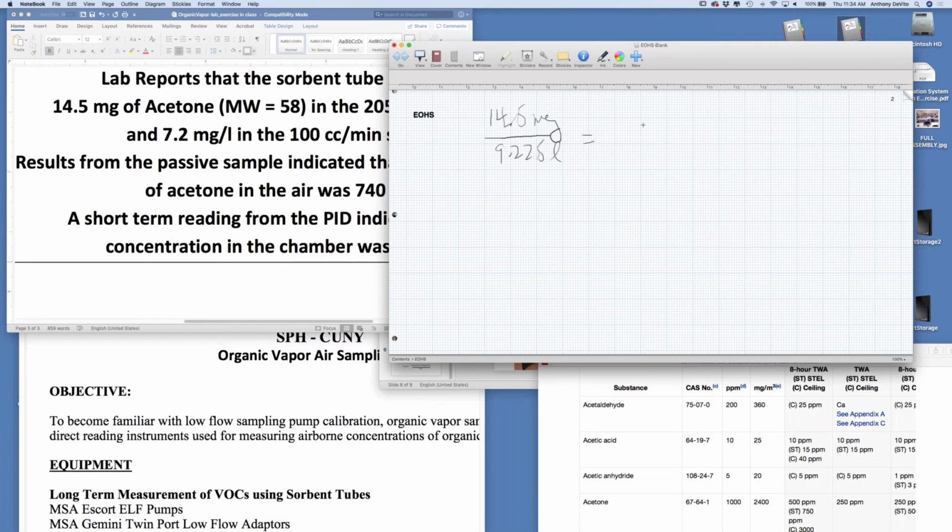We want to convert that into how much was in a cubic meter. A cubic meter contains 1,000 liters, not 9.225, so we need to know how many milligrams would have been in that 1,000 liters of air rather than 9.225. So we cross multiply: 9.225 liters times X is equal to 14.5 milligrams times 1,000 liters. We multiply this out and divide by 9.225.